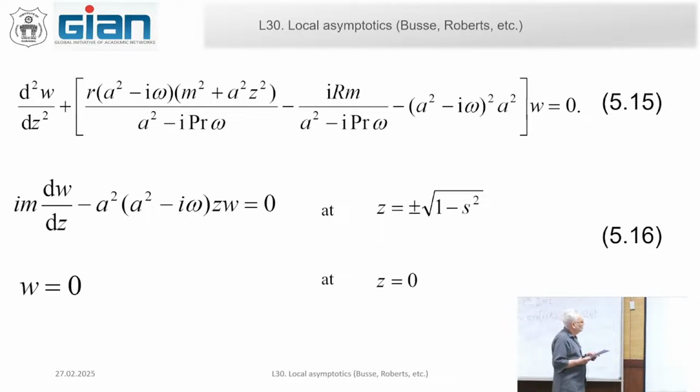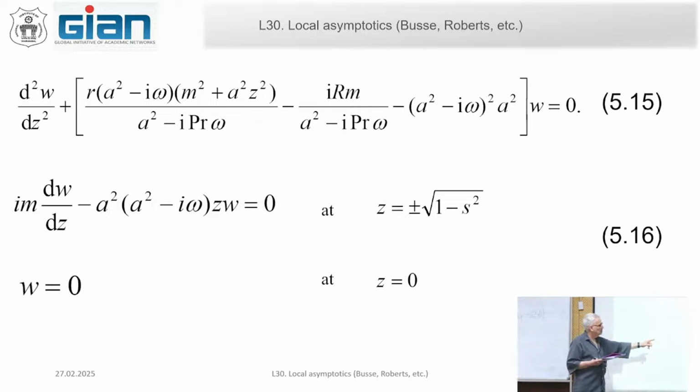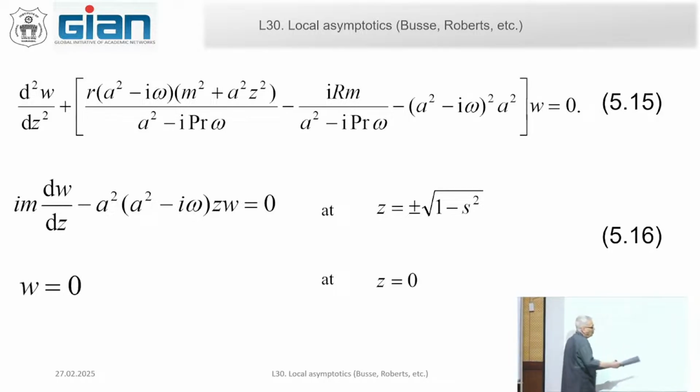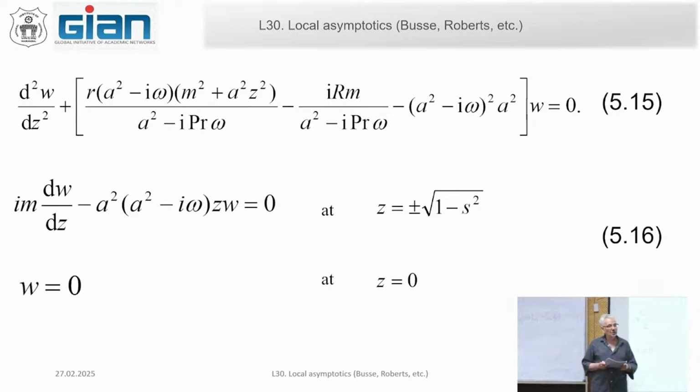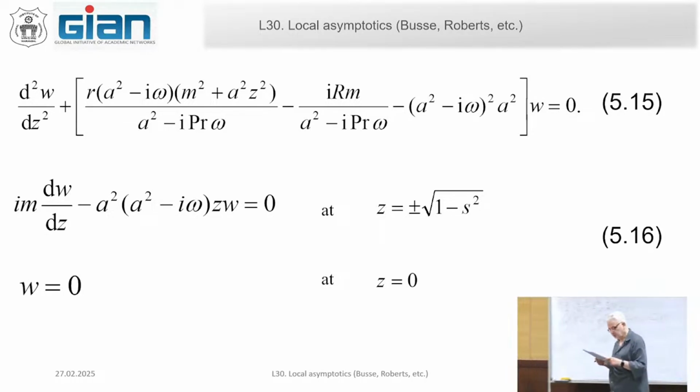And we can reduce this system further, including the boundary condition, of course. Here there is the system itself, but below there is the boundary condition at one boundary and at another boundary, one at z equal naught, and another at z equal this value of the cylindrical radius, which could be on the top, then we take the plus, or on the bottom, then we take the minus. And in this case, we apply this boundary condition.